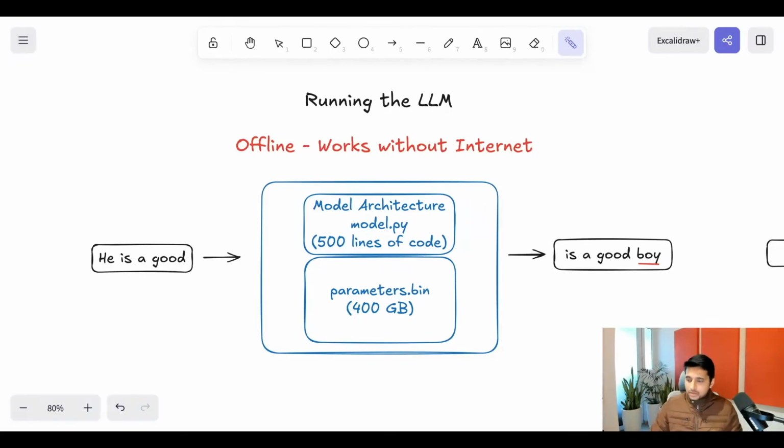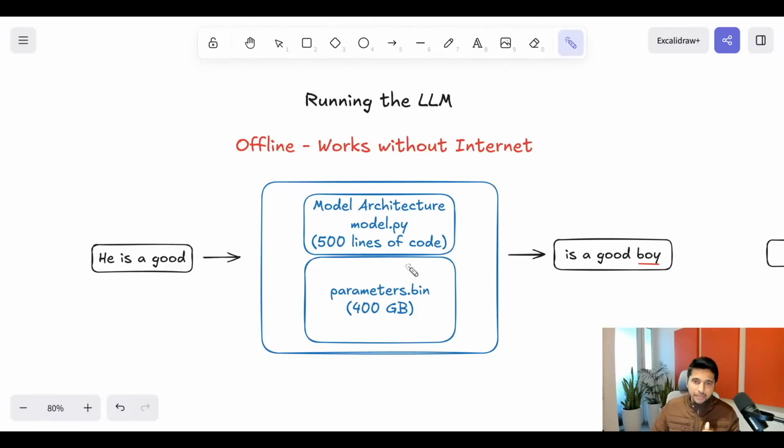Running the model, and here in red letters I have written that it works completely offline without the internet. This is something of a magical thing we need to understand. And actually this is not magic.